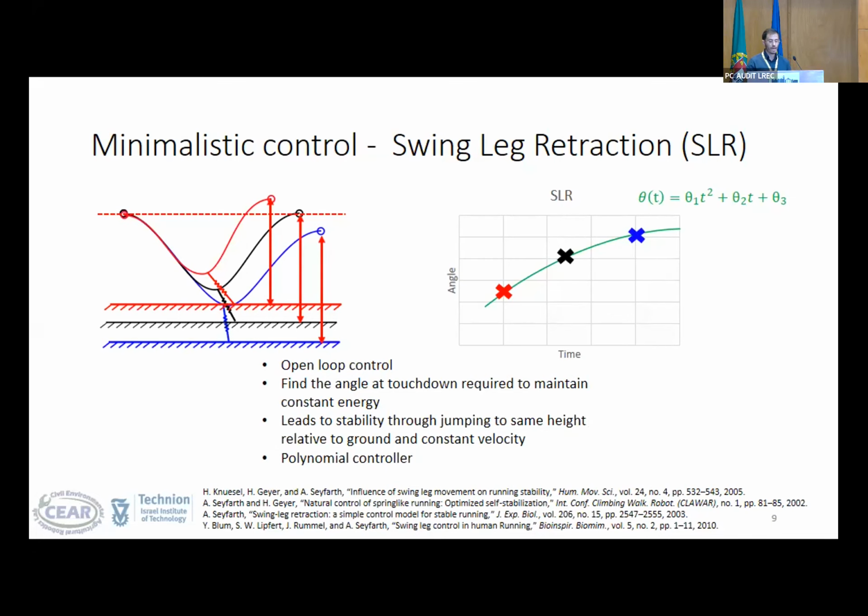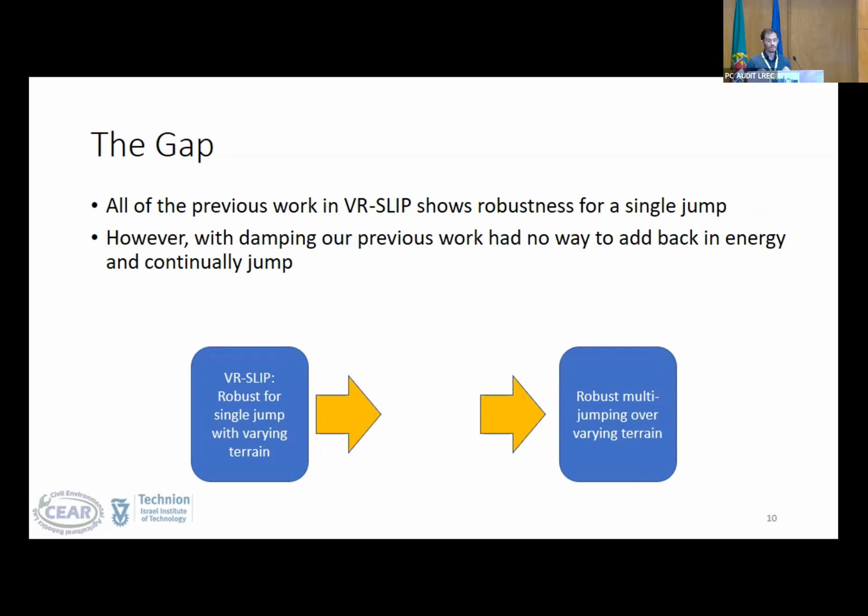All this previous work in our lab on VR SLIP shows robustness over a single jump with damping or multiple jumps without damping. However, with damping, our previous work had no way to add energy back in during stance. So that's our gap, because we want to continuously jump.